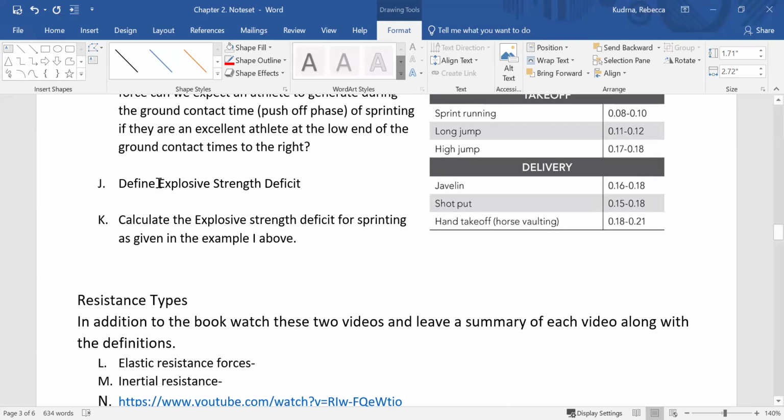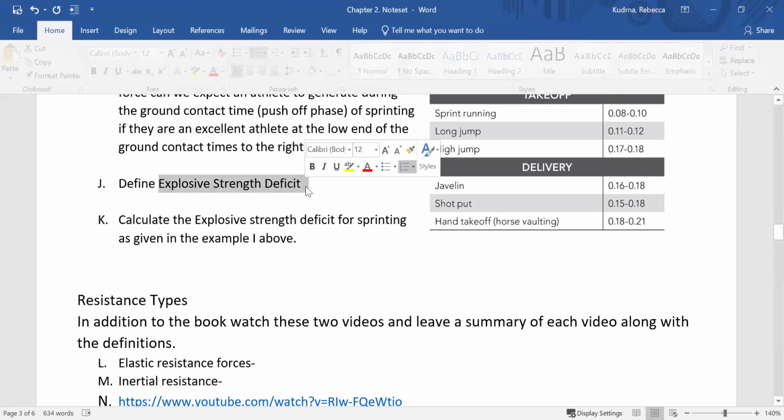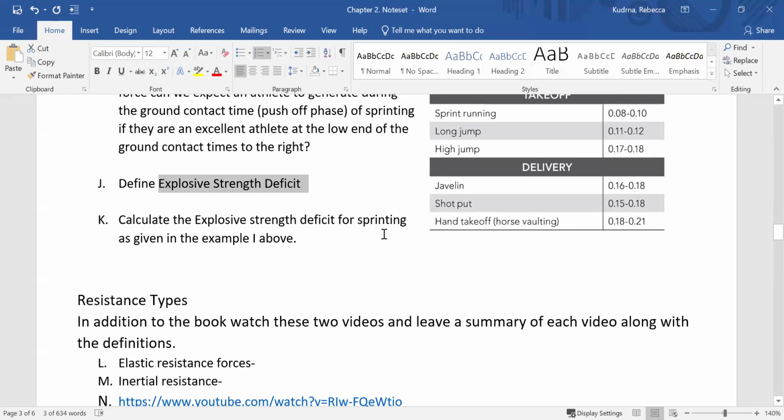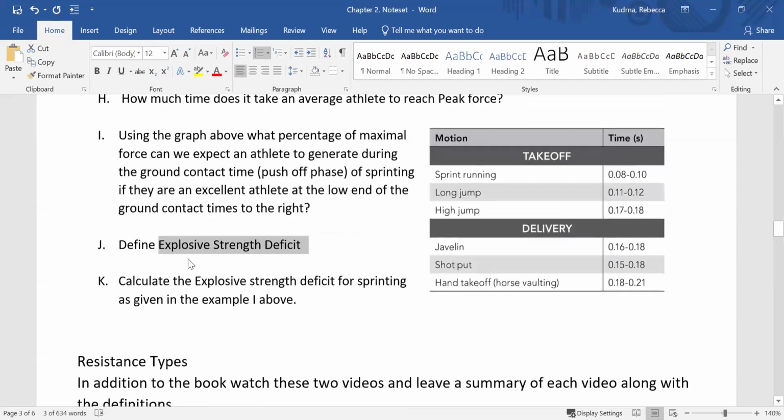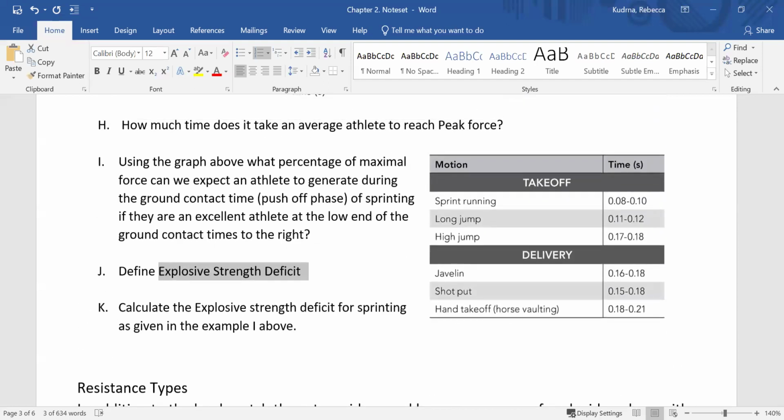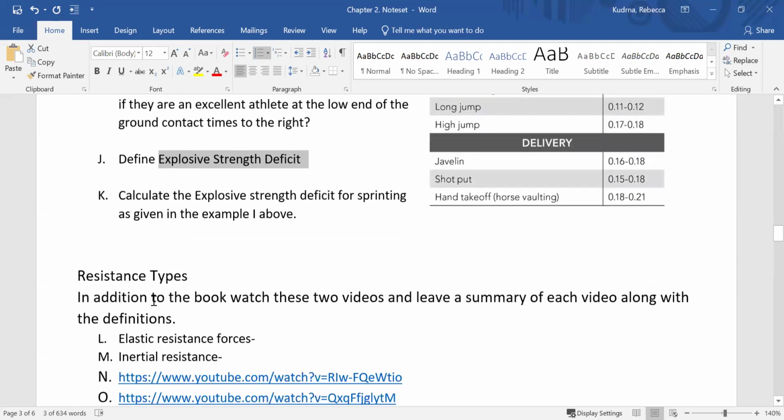And so the explosive strength deficit is how far away from your maximal force you are when doing an explosive movement. And this again is another way to think about force and power that helps us understand an athlete's movements better.